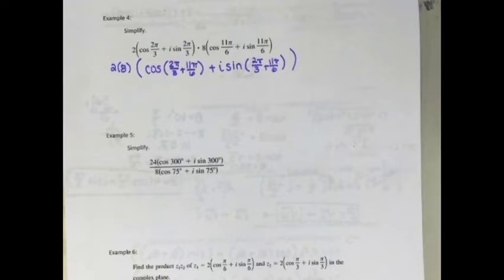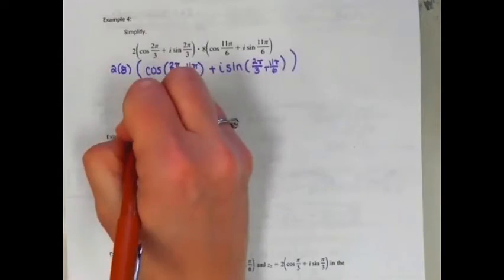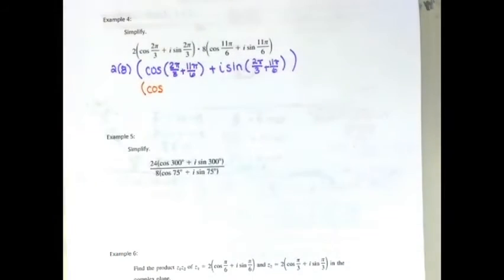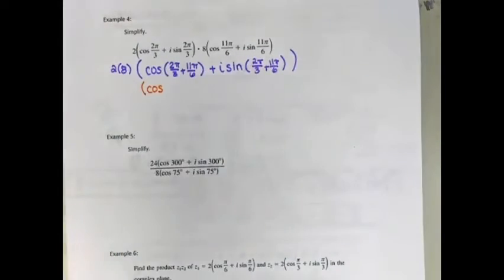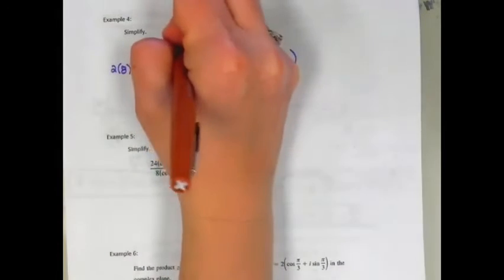So 2 pi over 3 plus 11 pi over 6. What did you guys get when you added those? What's 2/3 plus 11/6? 15 pi over 6, right? So that's 15 pi over 6.